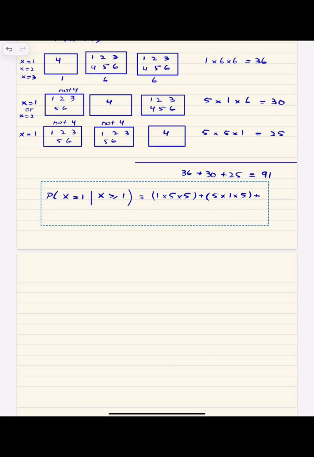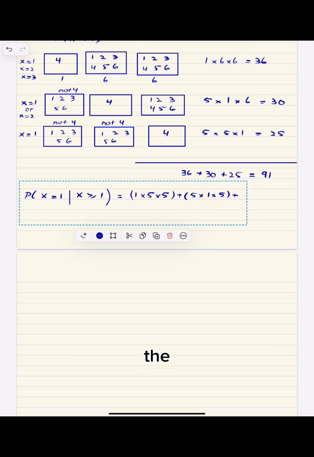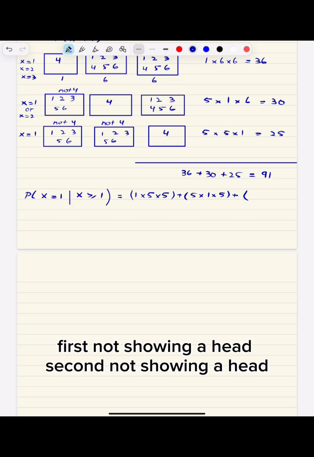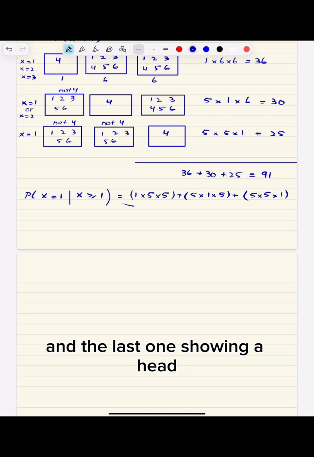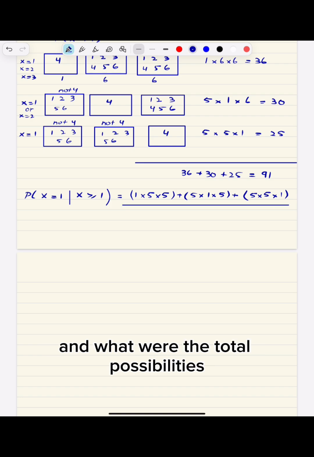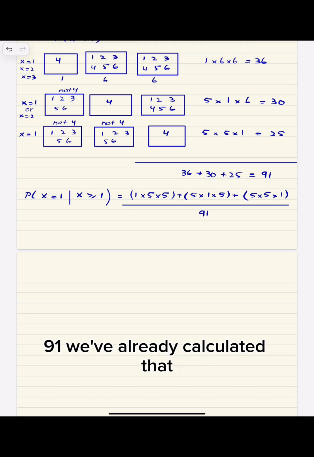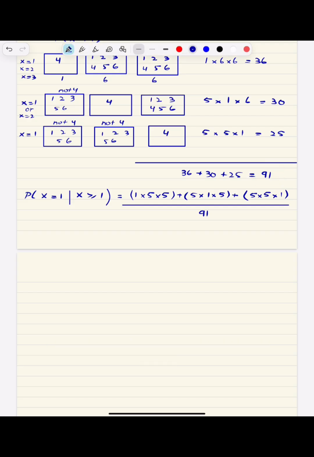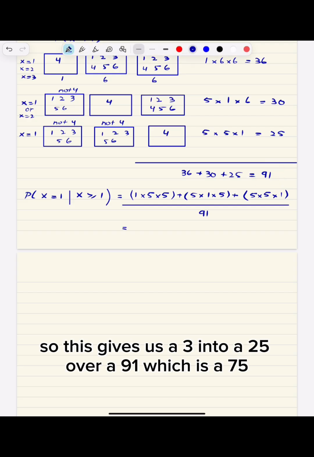Plus the first not showing a 4, the second not showing a 4, and the last one showing a 4. And what were the total possibilities? 91. We've already calculated that, right? So this gives us 3 into 25 over 91, which is 75 over 91.